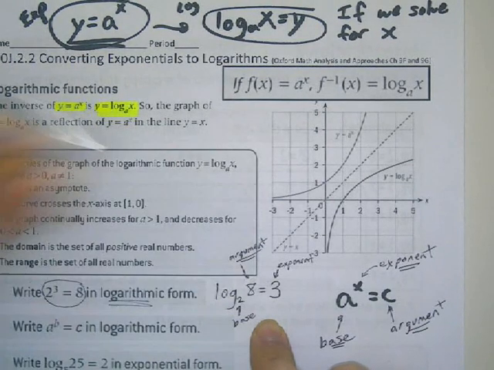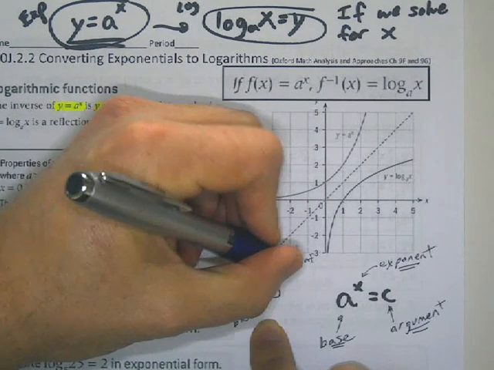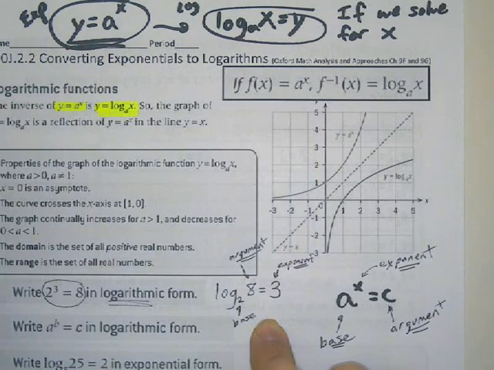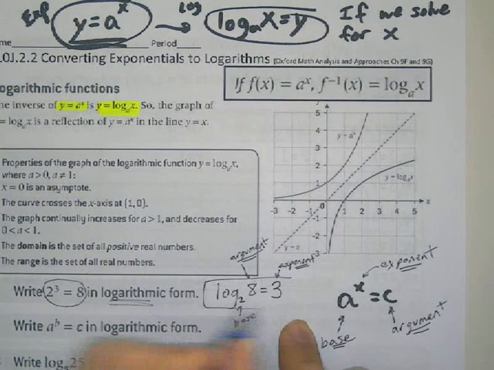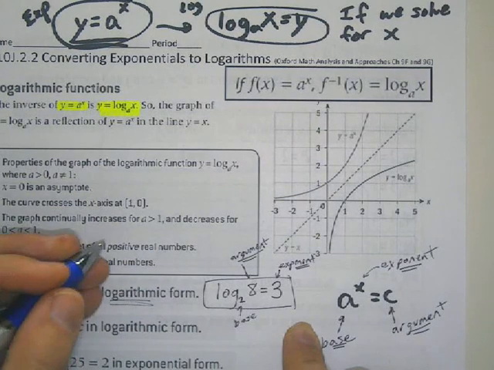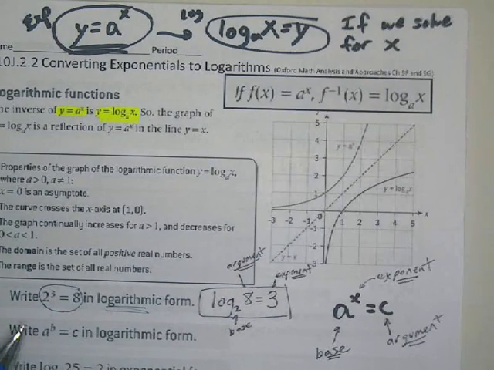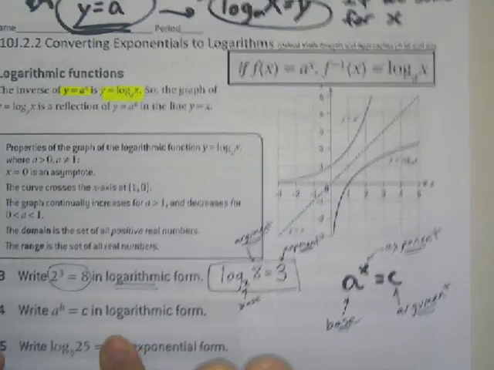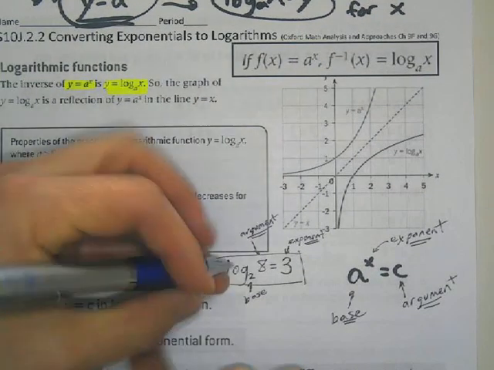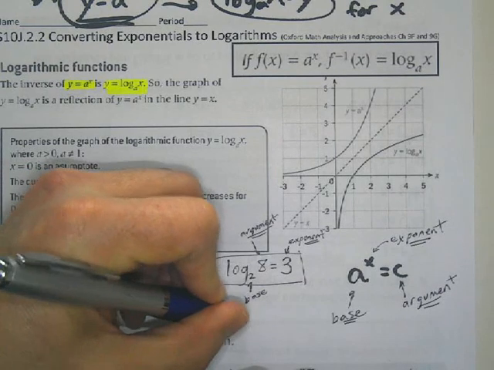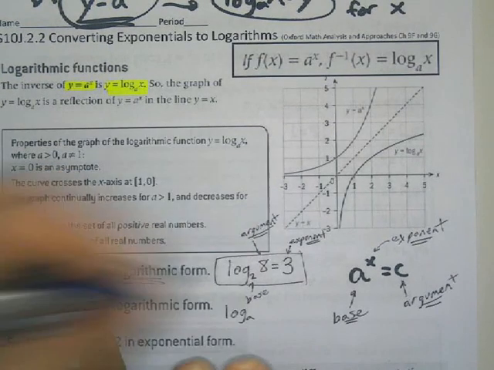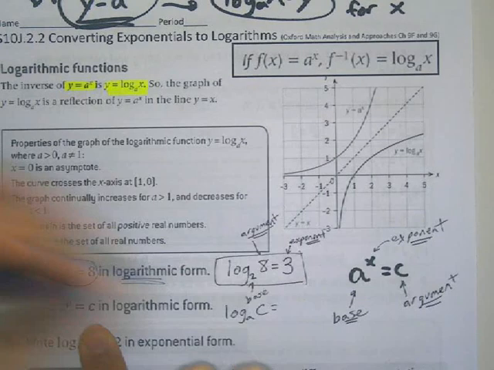Okay, so there's new vocabulary here, and we're trying to switch things around, so this is all about the practice. Same thing here. To convert this to logarithm form, I'm going to write log base a of c equals b.